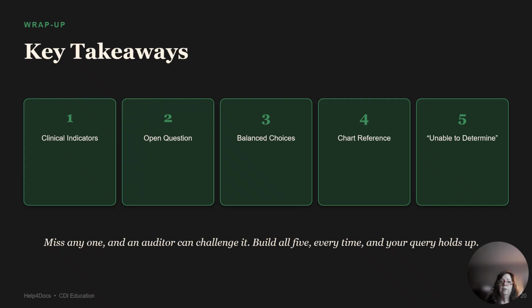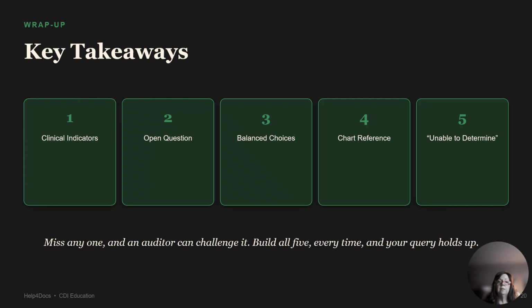So just to do a quick recap before we bring it home, remember a compliant query has 5 parts: clinical indicators grounded in the chart, an open clinical question, balanced and reasonable answer choices, a specific chart reference, and of course an unable to determine option.